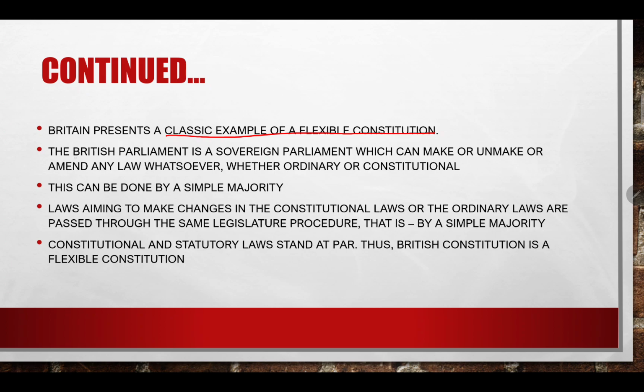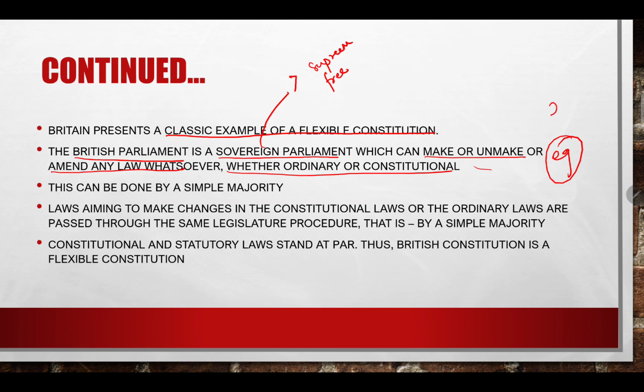The British Parliament is a sovereign, supreme parliament which can make, unmake or amend any laws whatsoever, whether ordinary or constitutional. This is an example explaining point number 2 plus point number 3 in the previous slides. This can be done by simple majority.